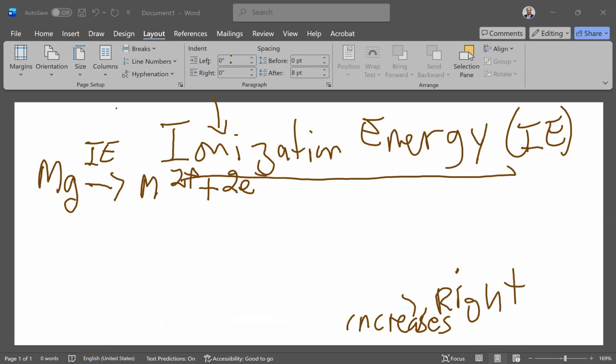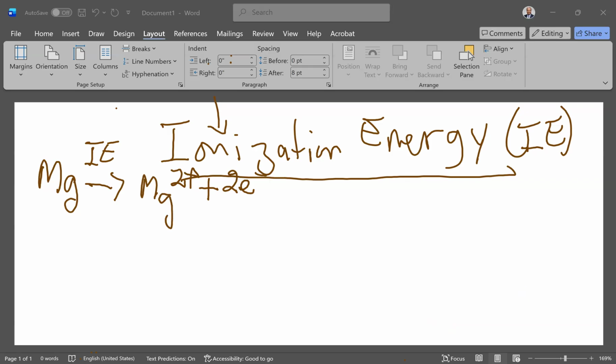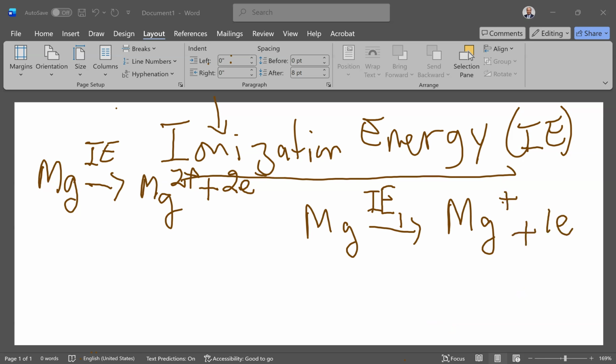It has 2 valence electrons, so it will have 2 ionization energies. First it loses one electron: IE1, magnesium goes to Mg plus, always one at a time.